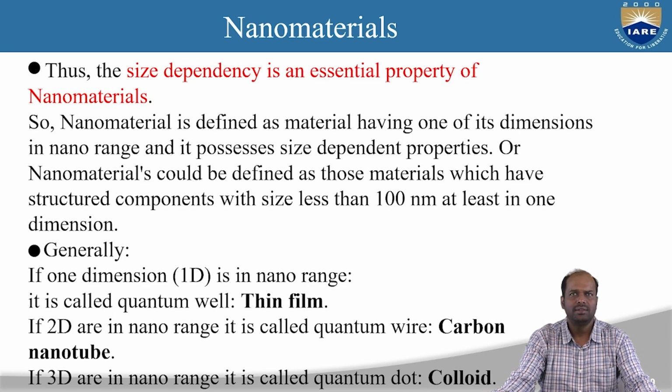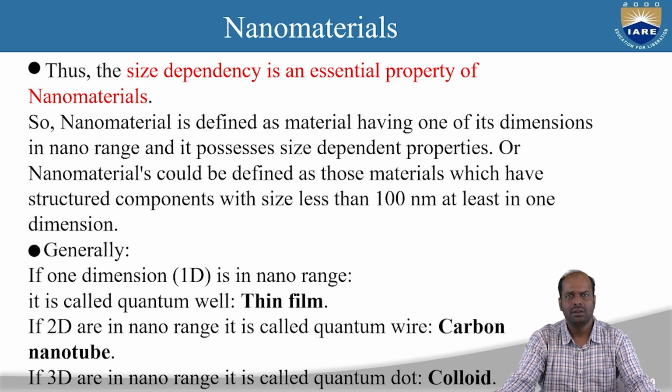Thus size dependency is an essential property of nanomaterials. Nanomaterial is defined as a material having one of its dimensions in the nano range with size dependent properties, or as a material with a structured component of size less than 100 nanometers, in at least one dimension. If one dimension is in the nano range, it is called a quantum well, that is, a thin film.